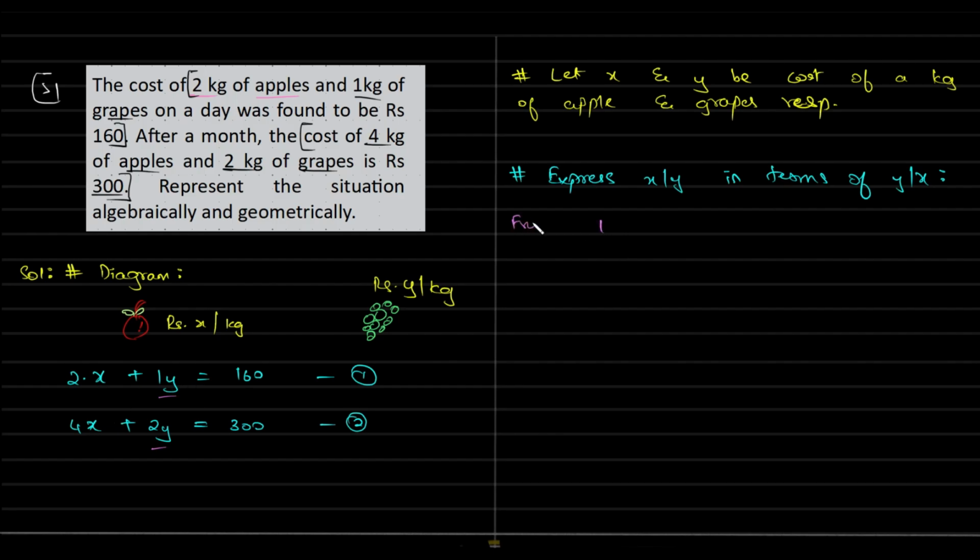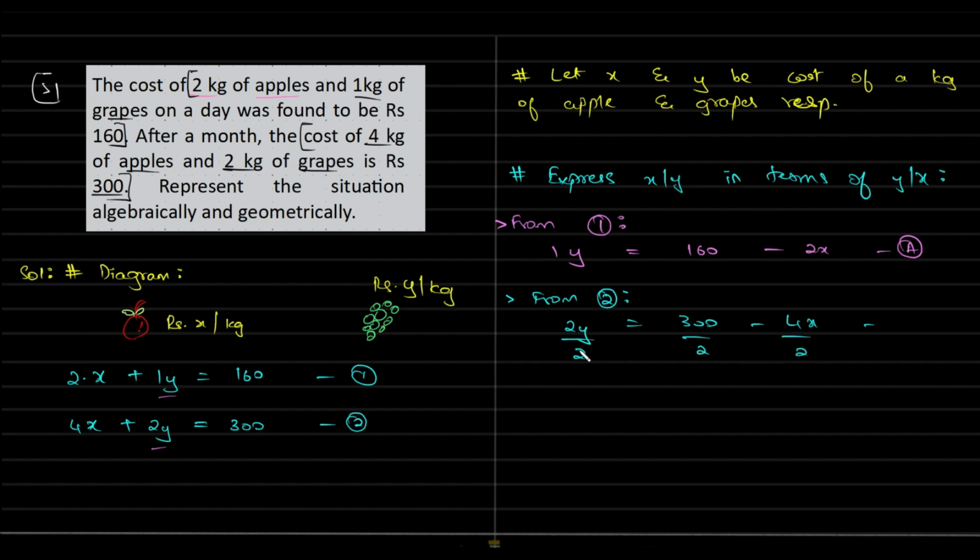So from equation 1, we have 1y is equal to 160 minus 2x. That's my equation A. From 2, we have 2y is equal to 300 minus 4x. We can further reduce this actually. How to do that?